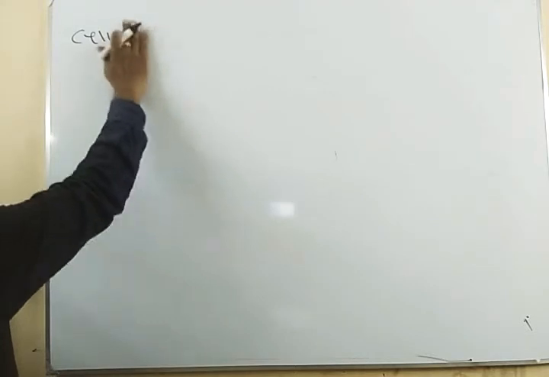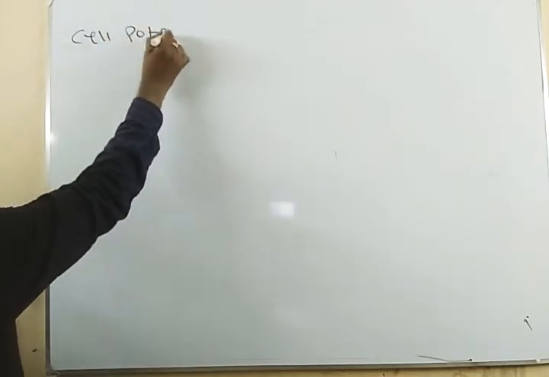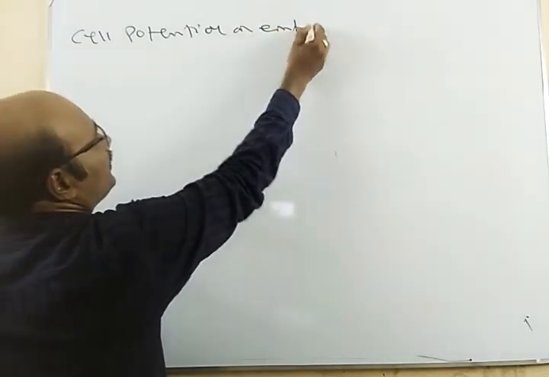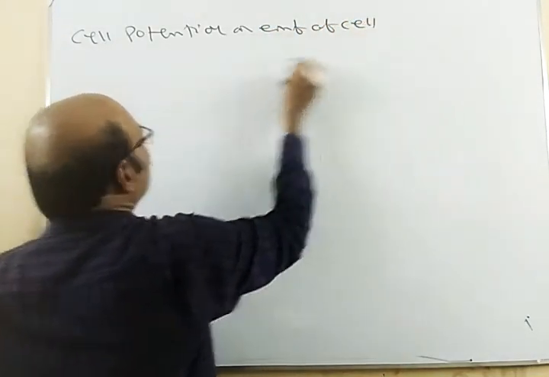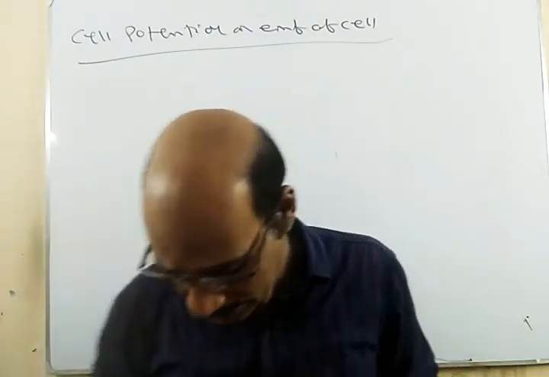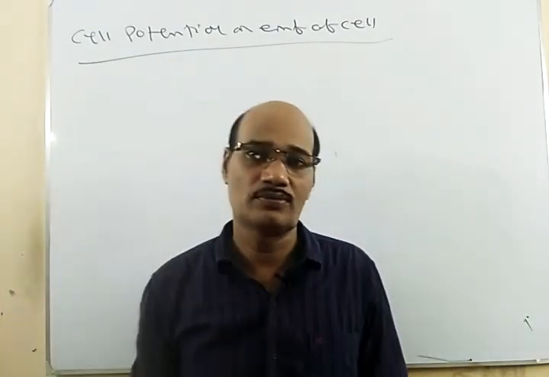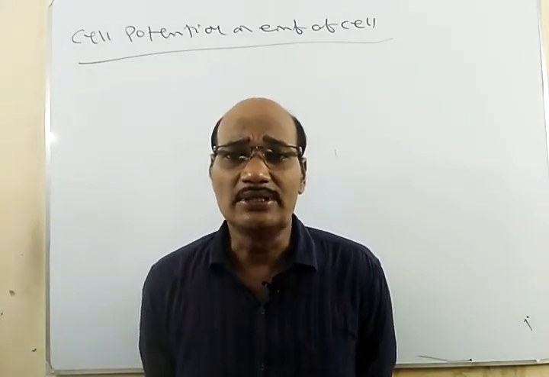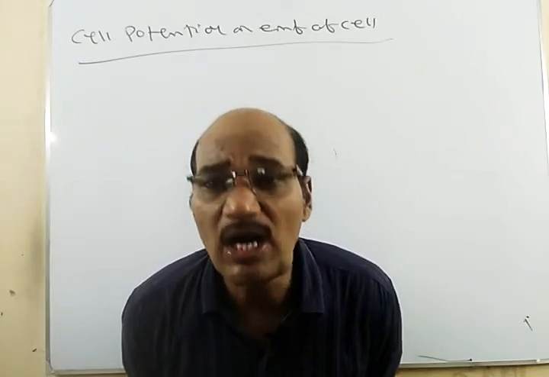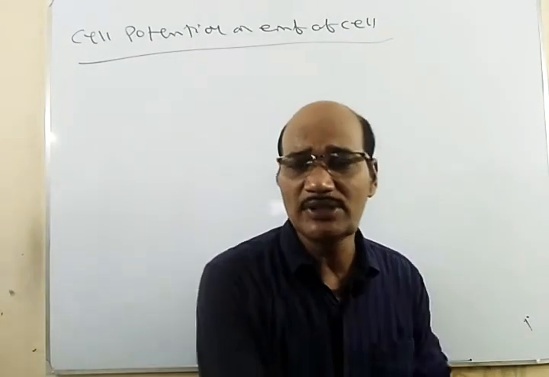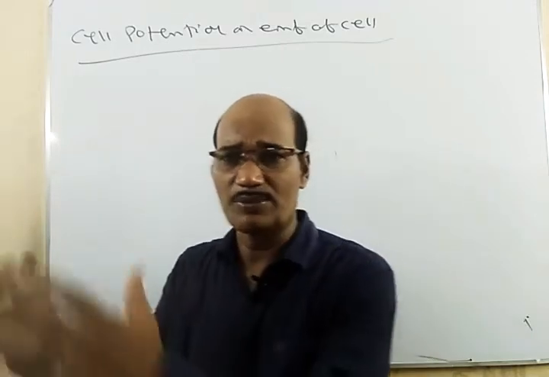Cell potential or EMF of the cell, the electromotive force of the cell. So we know in an electrochemical cell we have two half cells. One is the oxidation half cell and the other is the reduction half cell.